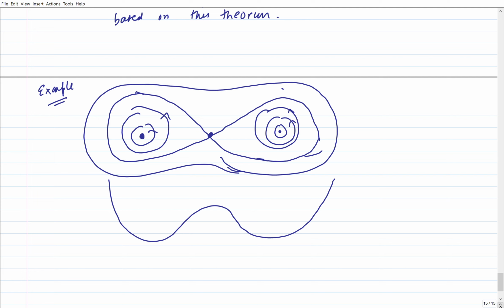I'll have a trajectory this way. So starting from this particular point, I'll have going this way. This is an unstable fixed point.